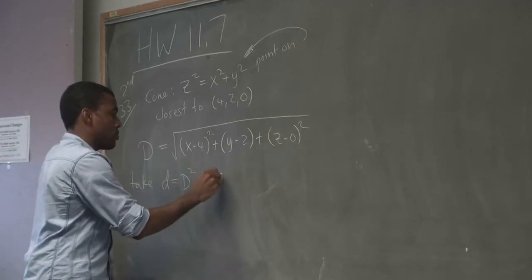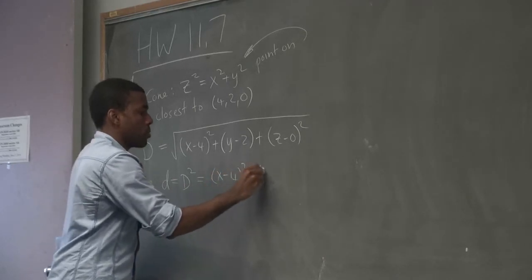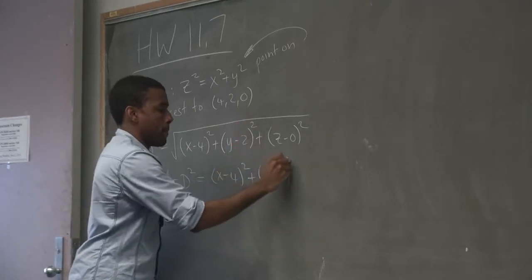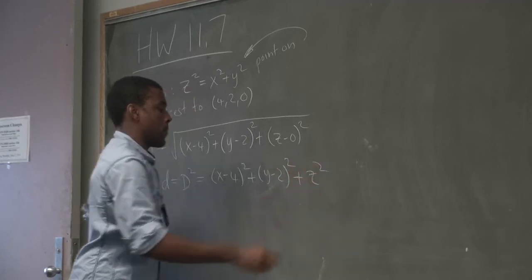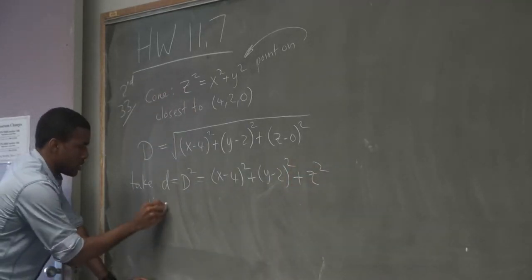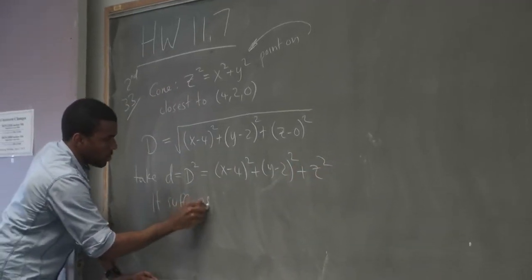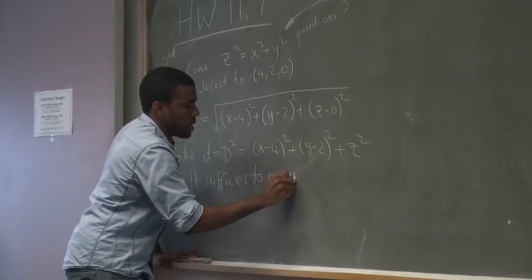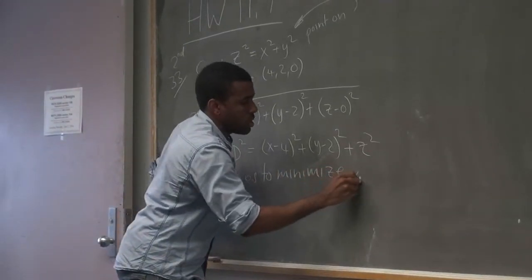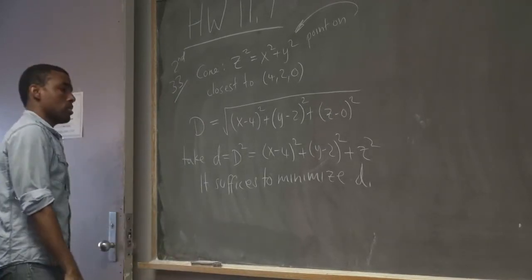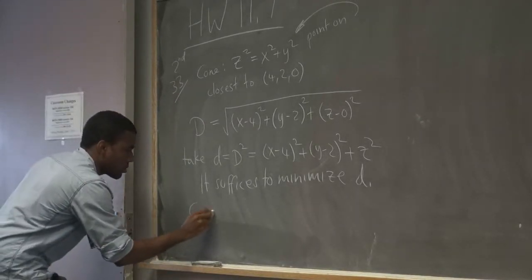The y term needs to be squared. It suffices to minimize d. What's the constraint?